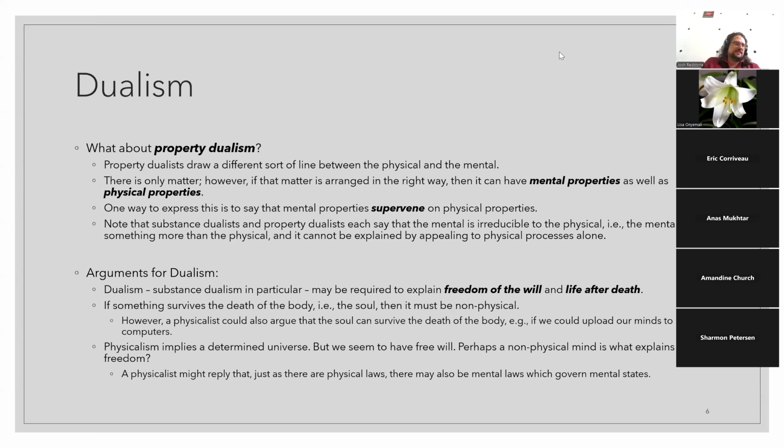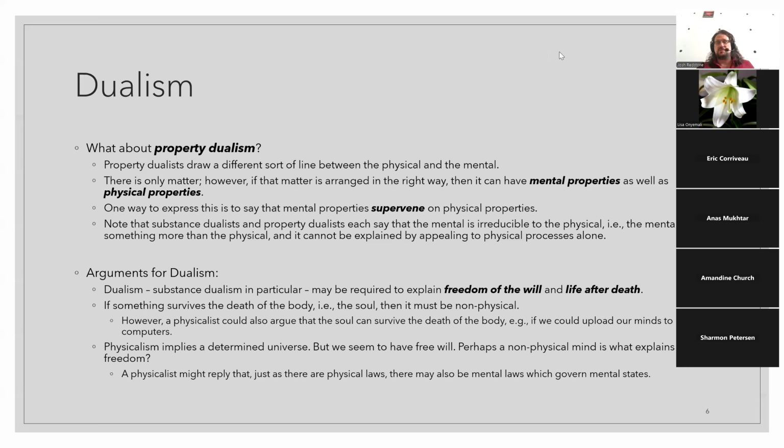We can't explain the mental by appealing to physical processes alone. The difference is that substance dualists argue this because they believe that the mental is just a different kind of substance than the physical, whereas the property dualists say it's due to supervenience or emergence or something like that.